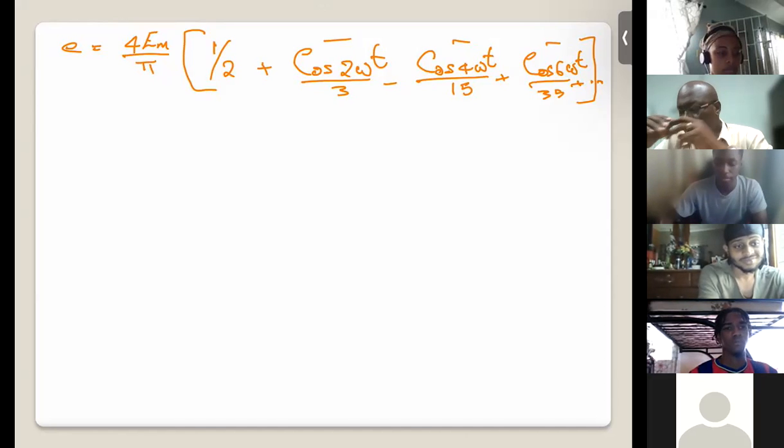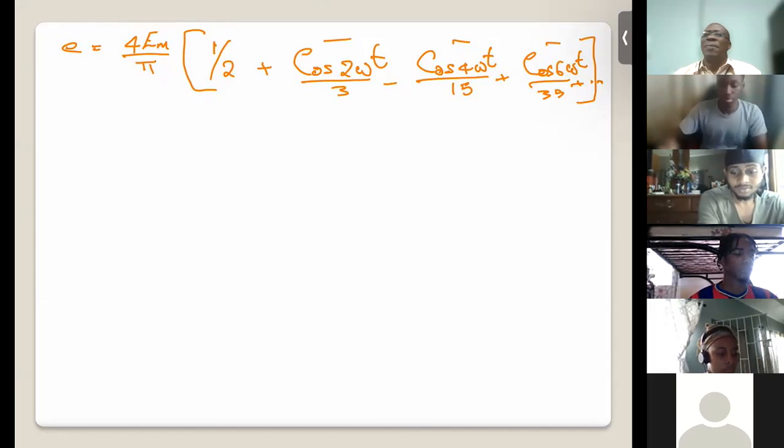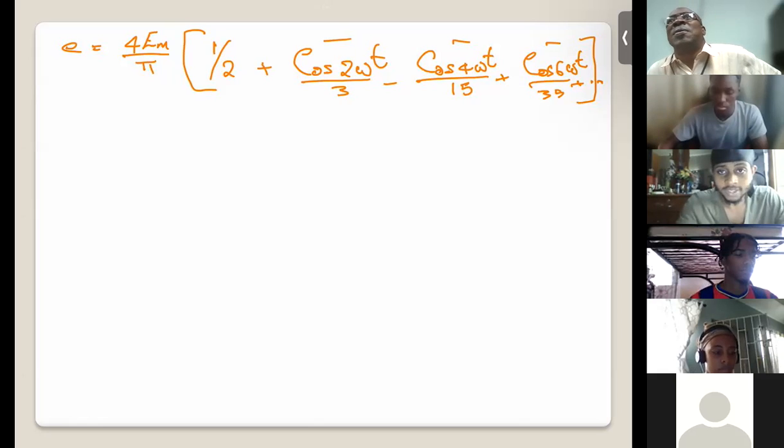Okay. All right, good. So we have the expression here. And we're asked first to find the DC component. So what would be the DC component? The 4EM over pi times half.